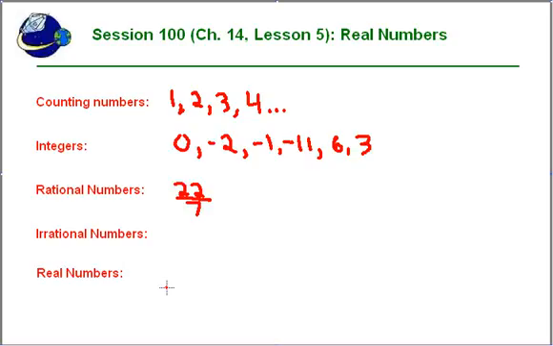And one other key property about real numbers is that they are ordered. Basically what ordered means is that every real number is greater than another real number, less than another real number, or equal to another real number. And all that means is every real number can be placed somewhere on a number line.